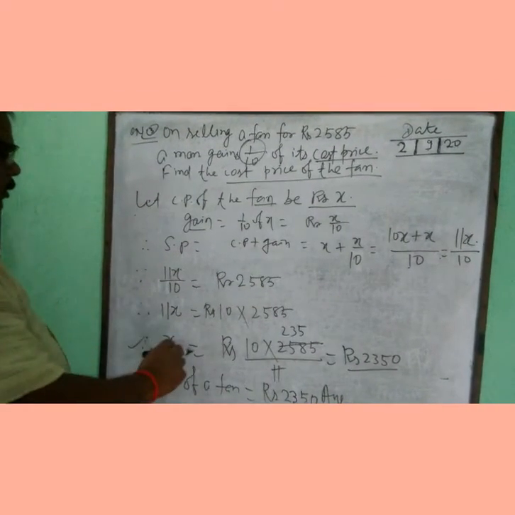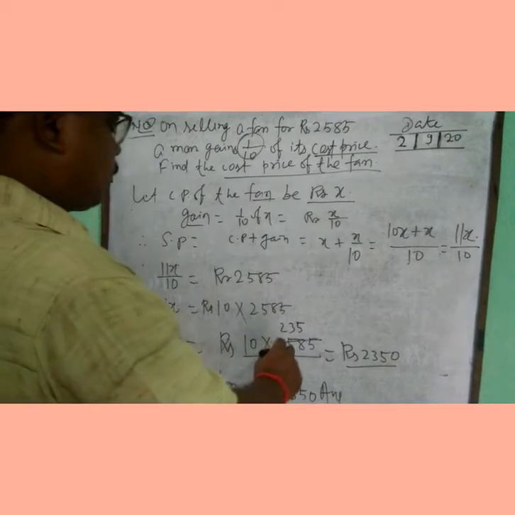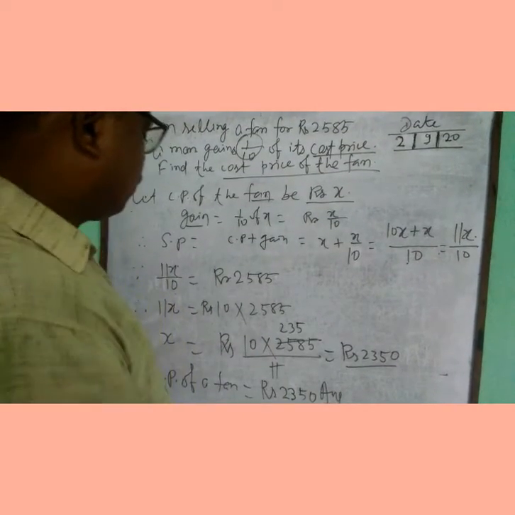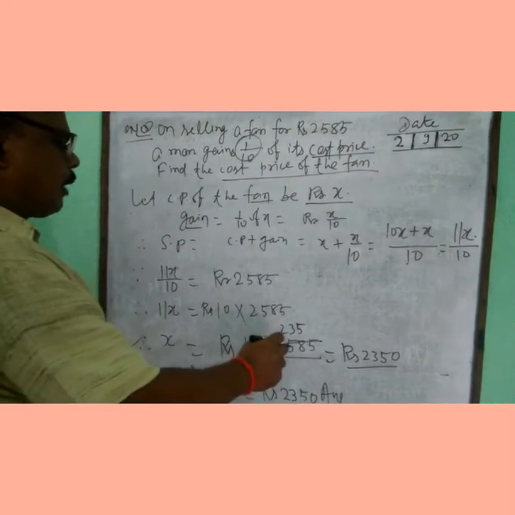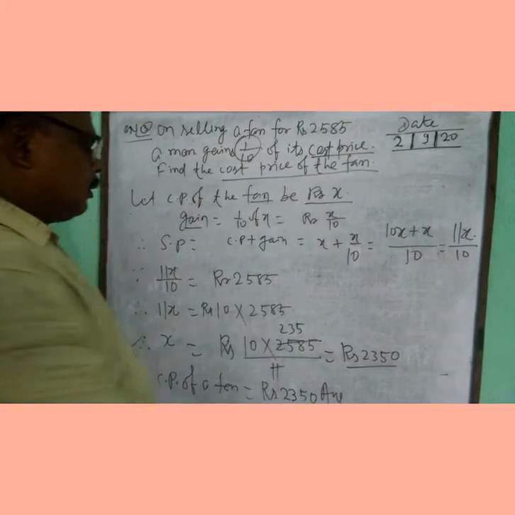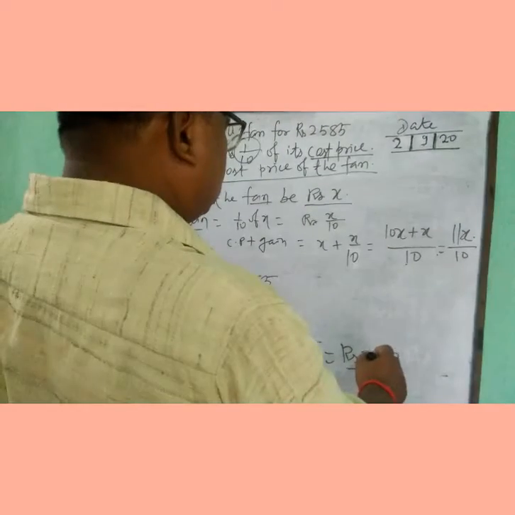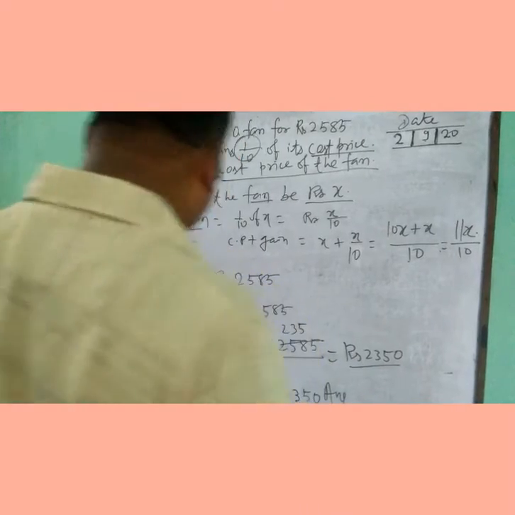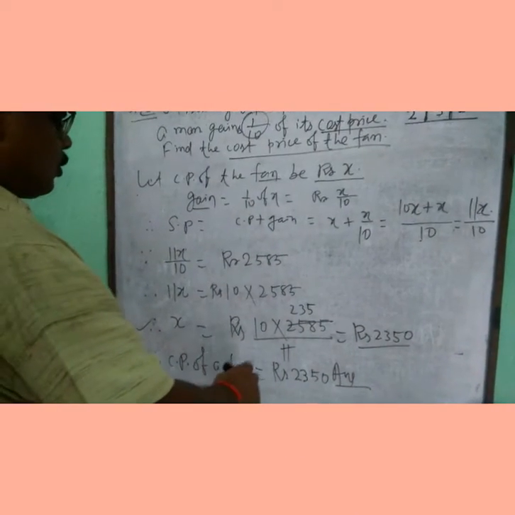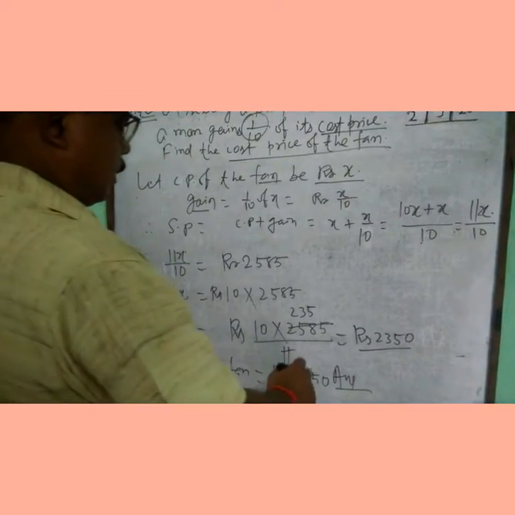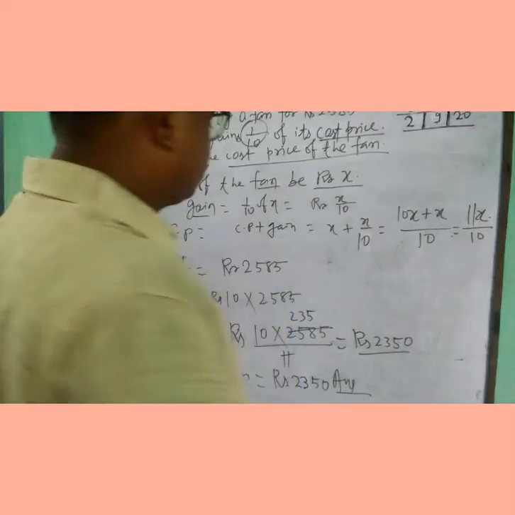Therefore value of X is equal to Rs 10 multiply 2585 by 11. 235 11 is 2585, is equal to Rs 2350. CP of a fan is equal to Rs 2350. Answer.